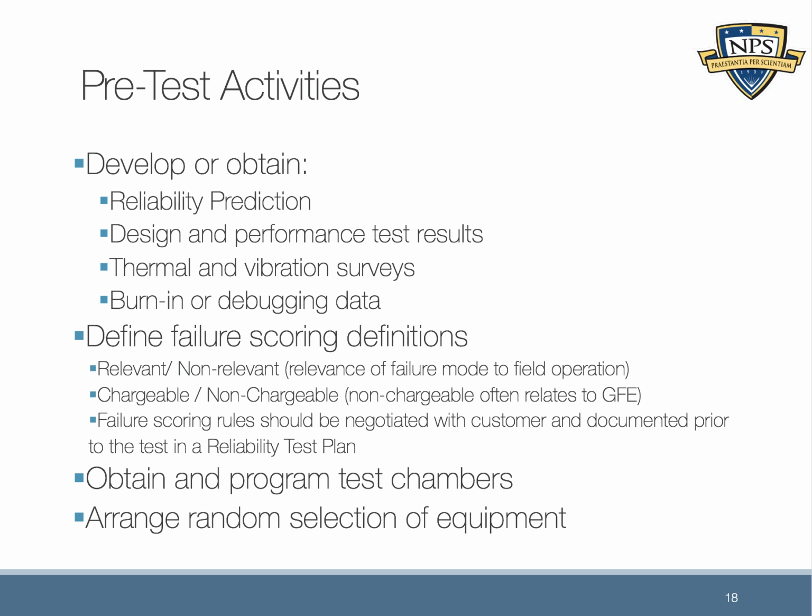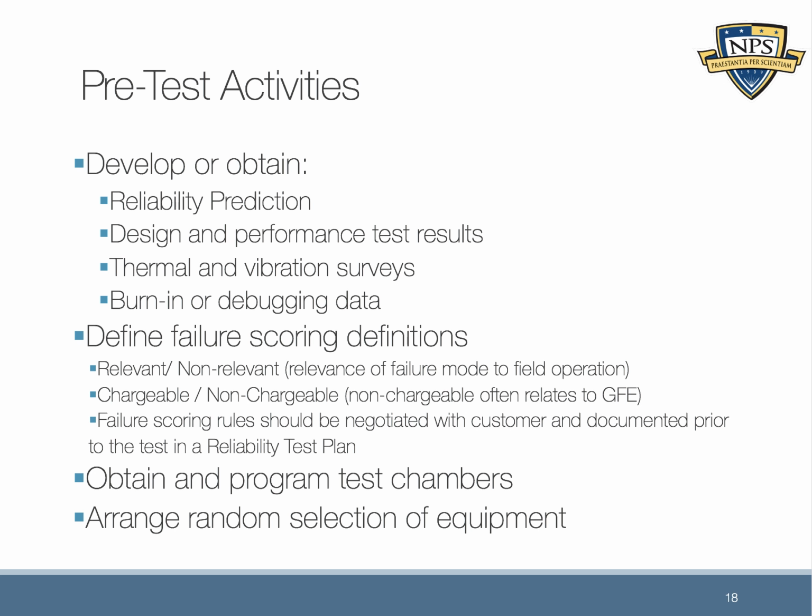The first bullet point here is some stuff that you might need as the reliability engineer to make use of the test results or to prepare for the test. So for example, the reliability prediction, because you might need to know what the reliability is of the system that was predicted, so kind of the desired one, or potentially even from a requirement standpoint, what the required reliability is, or the MTBF or failure rate.